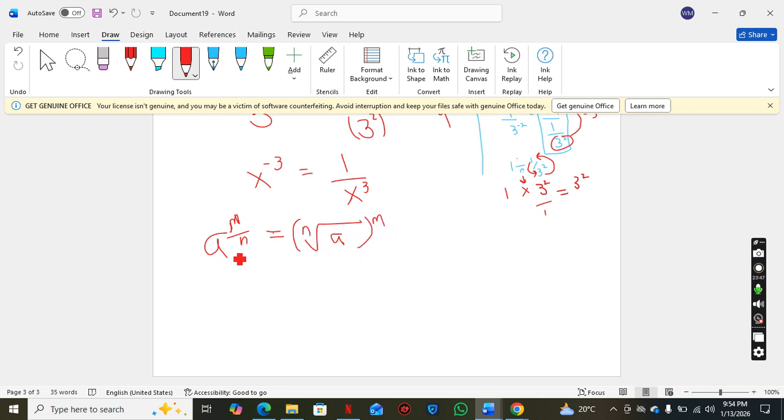The nth root of a, to the power m. So let me show you what this means.